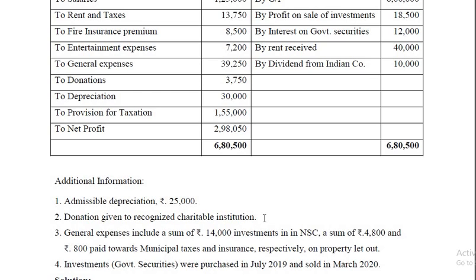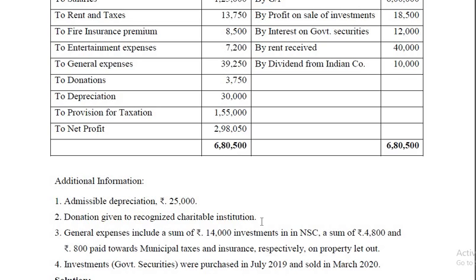I told you there are 4 categories of donations. One is no limit donations or without limit donations. Second one is with limit donations. Second category, that is donations eligible for 100% reduction. Next one eligible for 50% reduction. So it is a combination. For example, no limit donations with 100% reduction, or no limit donations with 50% reduction, or with limit donations with 100% reduction, or with limit donations with 50% reduction.